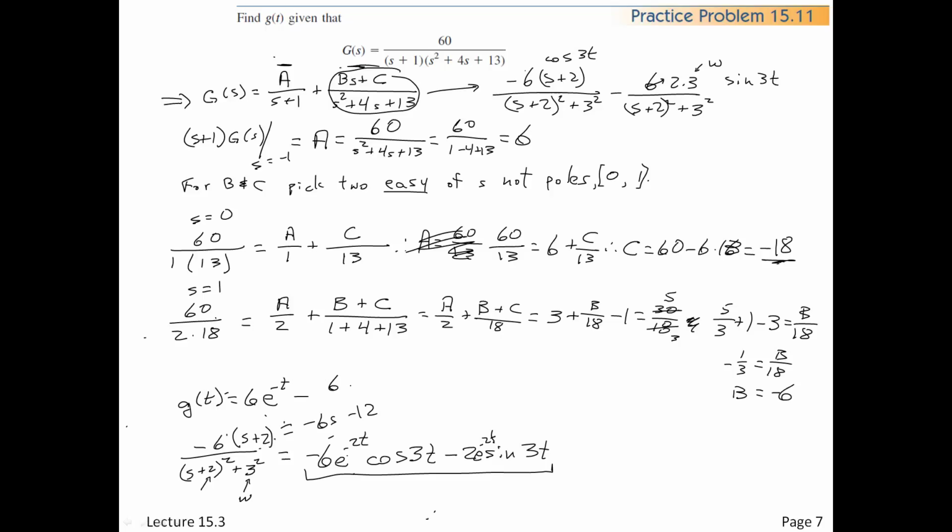So here, I'll put it together here. 6 e to the minus 2t cosine 3t minus 2 e to the minus 2t sine 3t. All right, and this whole thing, as usual, is times the step function. So a little all over the page, but we got it there, and that's clear.